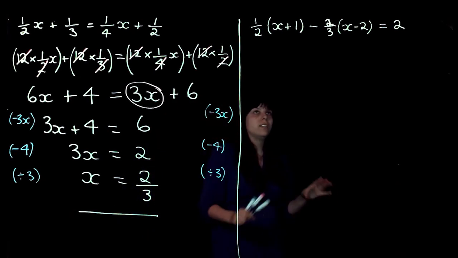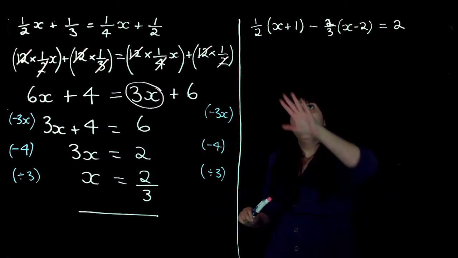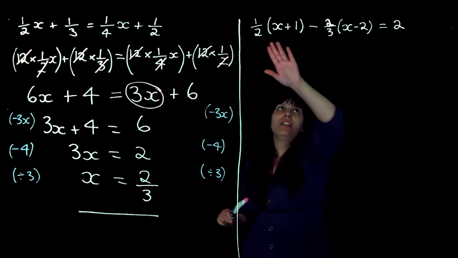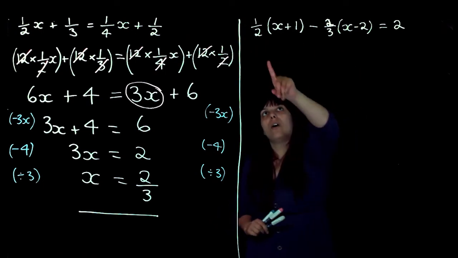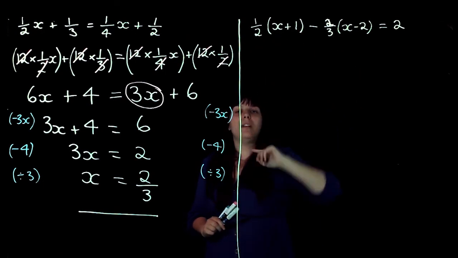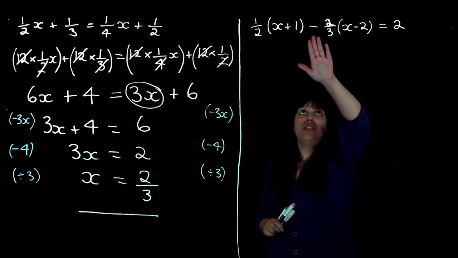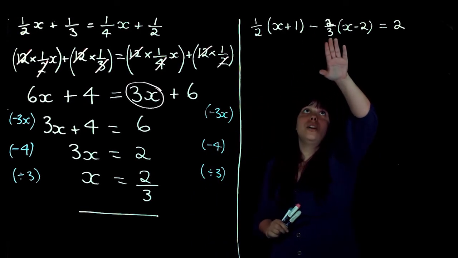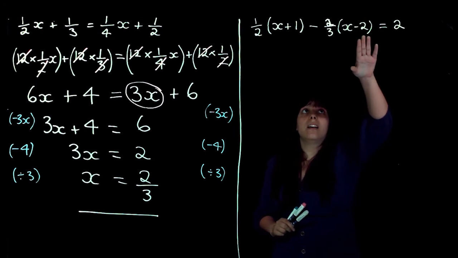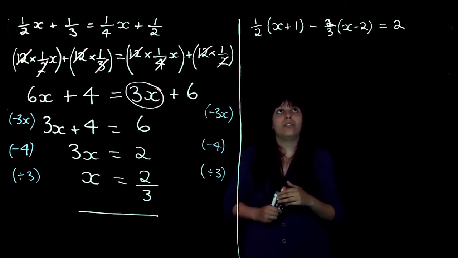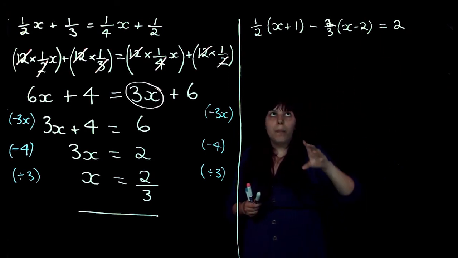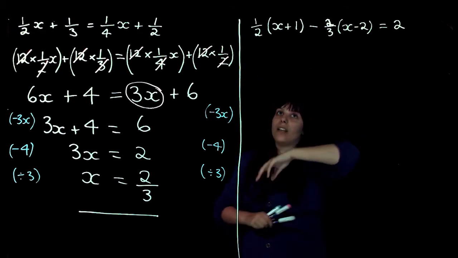Now if I go to this example, you can see that I've got fractions in the question again. So I've got half times x plus 1, and then minus 2/3 times x minus 2, and that equals 2. So what I want to do, again, to get rid of the fractions, there are many ways of doing this.